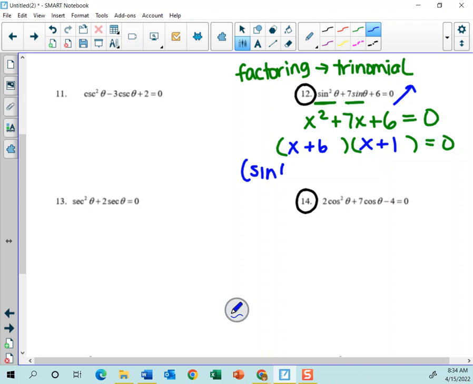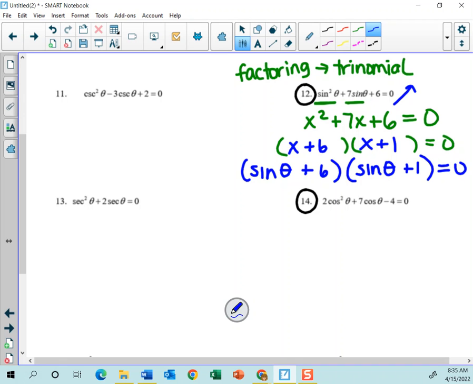So 6 and 1 would be my factors. So if you take this back to kind of the trigness of it all, and sometimes this is how I think about it. I'm like, okay, let me just factor it with regular x's, and then I'll flop it back to the trig function. So x squared plus 7x plus 6 would factor into x plus 6, x plus 1. So sine squared theta plus 7 sine theta plus 6 factors into sine theta plus 6, sine theta plus 1.